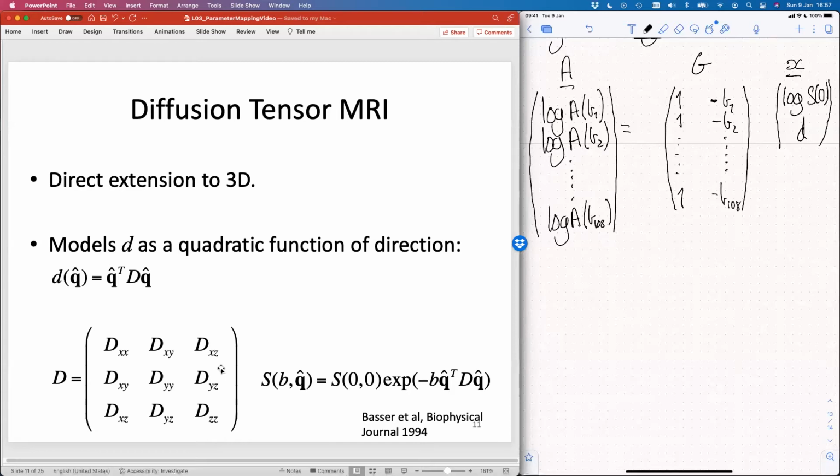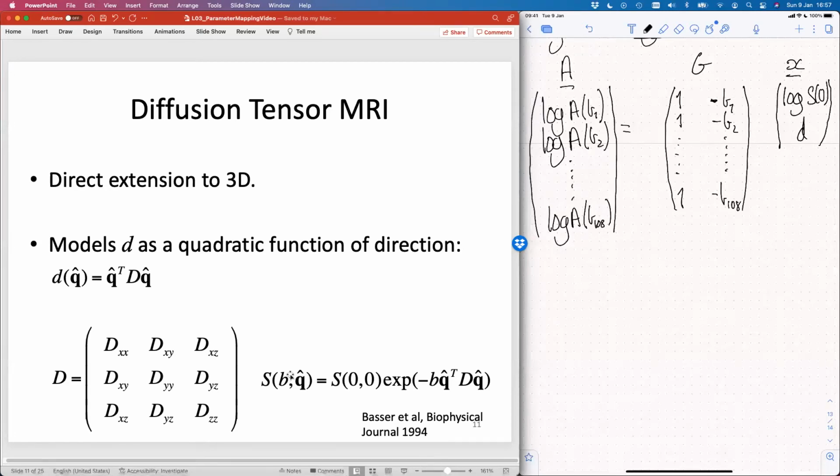And the model that relates the diffusion tensor to the diffusion weighted signal, which we're now writing as a function of both B, the B value, the diffusion weighting, and Q hat, the gradient orientation, is quite similar to the previous model that we looked at, but we've replaced the single scalar diffusivity D with this quadratic form that expresses D as a function of direction.